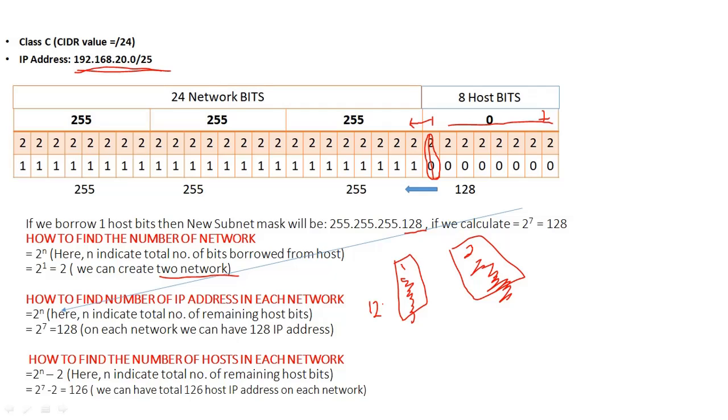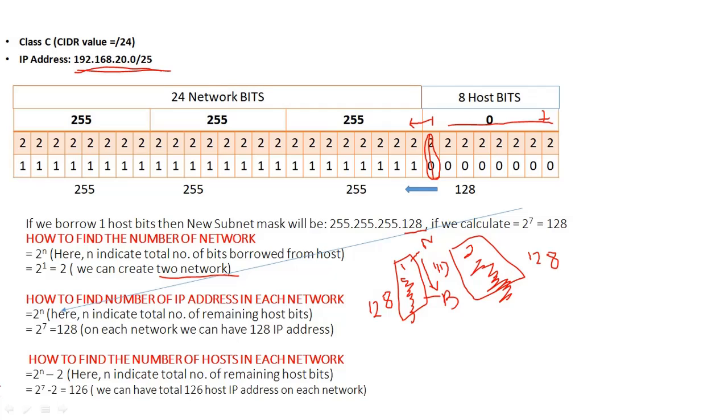So in each network you can have 128 IP addresses, and 128 in the other network. So now how to find the number of hosts in each network? Everybody knows that the first IP of each network is always allocated for the network ID, and the last IP address is allocated for the broadcast ID, and the remaining IPs in between can be used for host IDs. Those IPs we can connect to other devices.